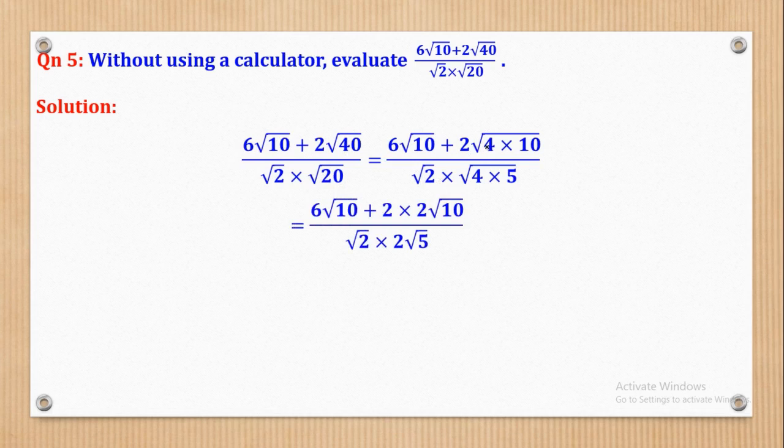Therefore square root of 4 is 2, that's why you see 2 there. So this is 6 plus 4, which is 10, and this is 2, which is there, and this times this gives you root 10, which is there. Now this can cancel to remain with 10 over 2, which is 5.